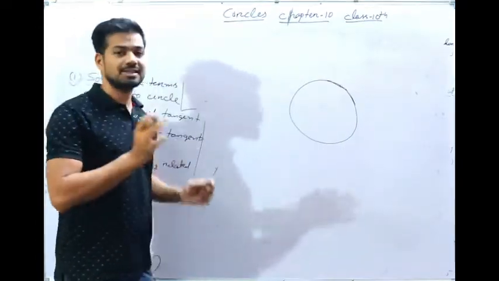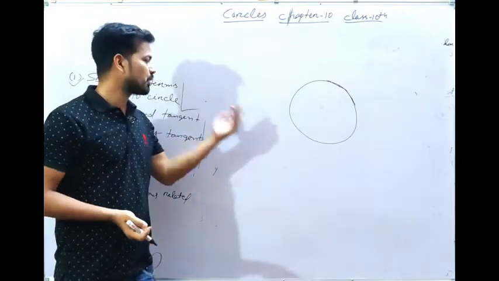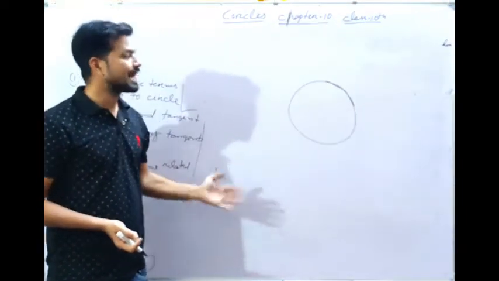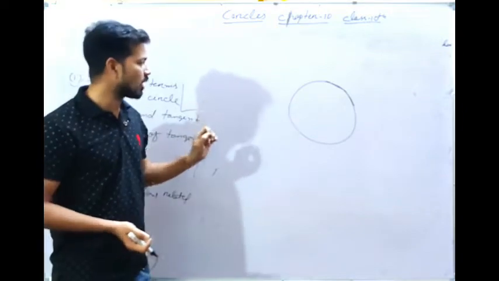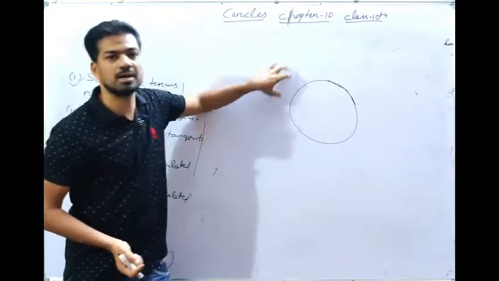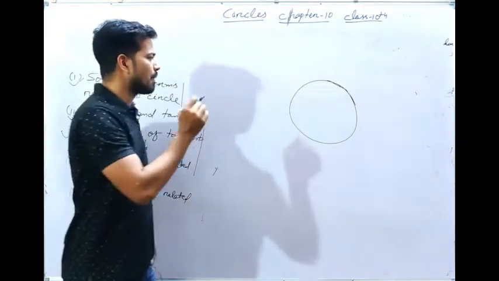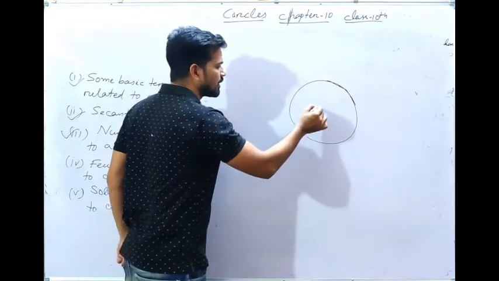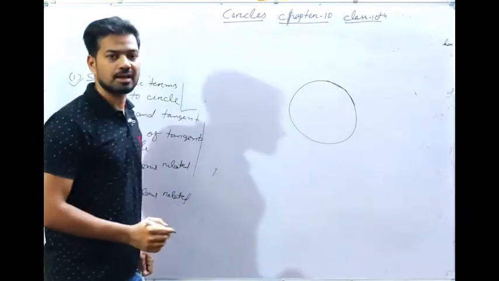So now we'll discuss how many tangents can be drawn from these different parts of the circle. So first let's take the inside part of the circle.